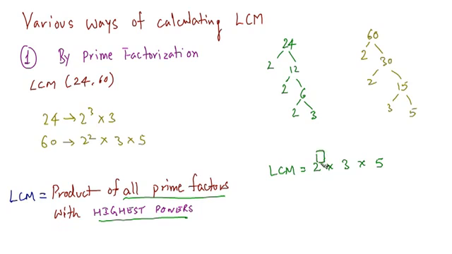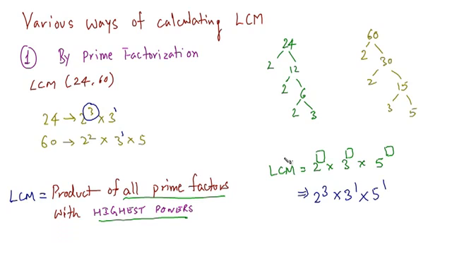So they have powers. Now we need the highest powers of these prime factors. So the highest power of 2 when all of the prime factors are combined is 3. So we have 2 raised to 3 into the highest power of 3, which is 1. So both of them have 1. So it becomes 3 raised to 1 into 5. So the highest power of 5 is 1.